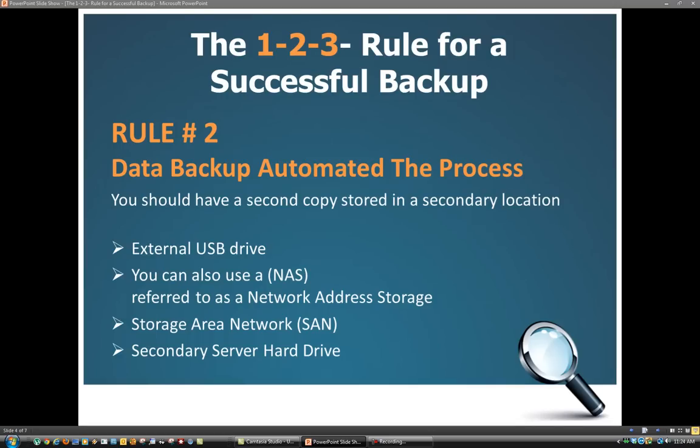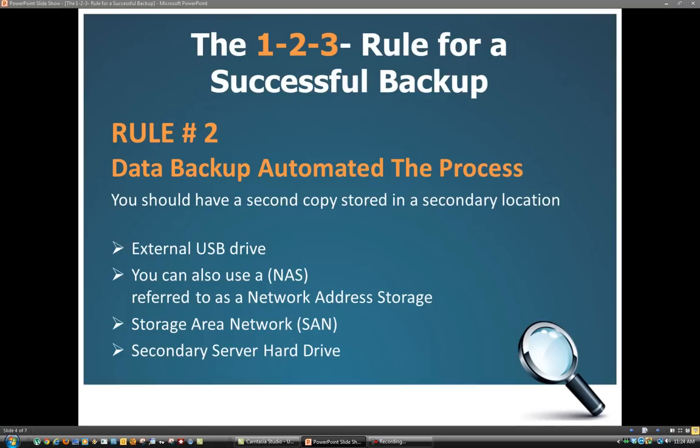You can also use what they call a network attached storage unit, referred to as a NAS. Or you can use a storage area network, which is called a SAN. A SAN is usually used in larger organizations for data backup and centralized storage of data. Or you can simply use a secondary hard drive on your server. Not recommended, but it is an option.